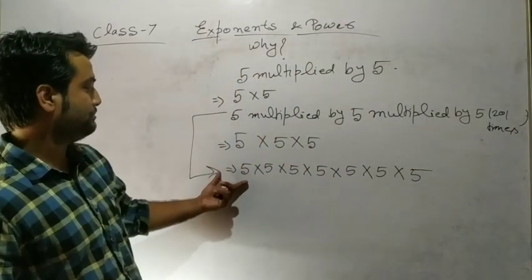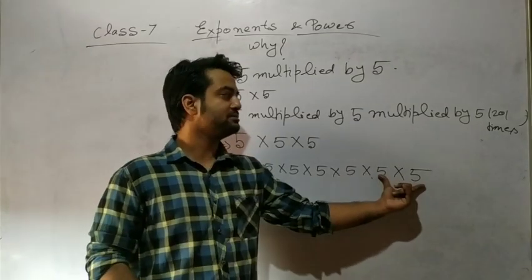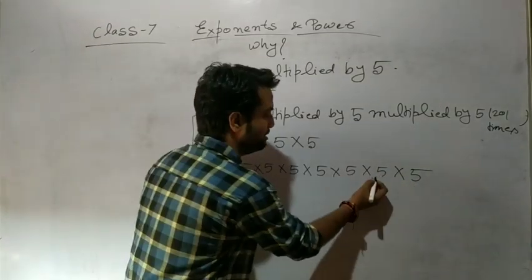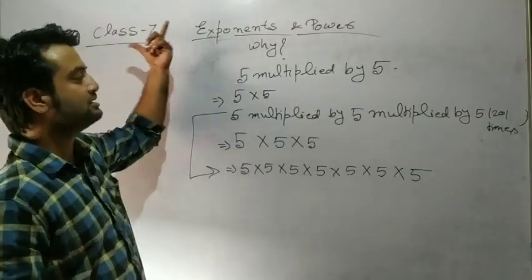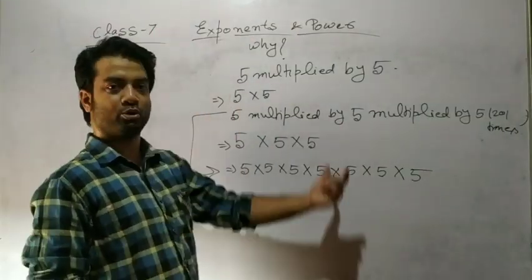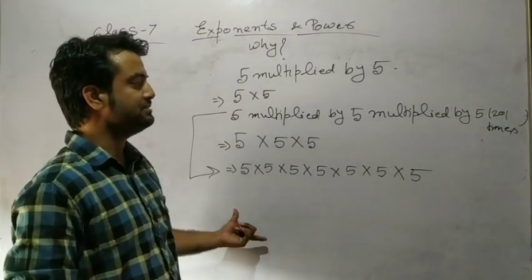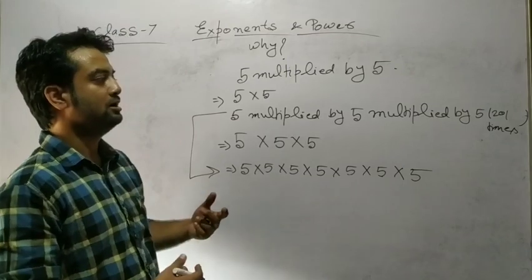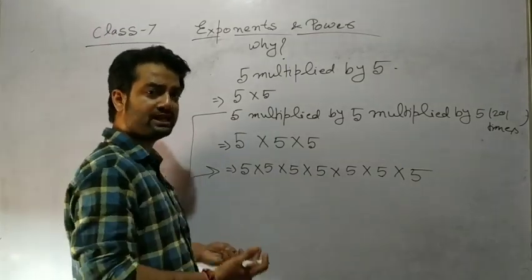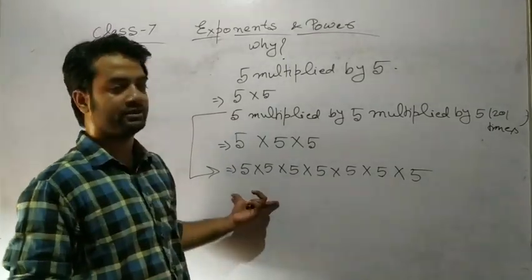Would you be able to write this? What will happen if I start writing it right here? My entire board will get filled and maybe I still will not be able to write it 201 times. And suppose it asks for huge numbers like 2000 times, 3000 times, then how will you write?